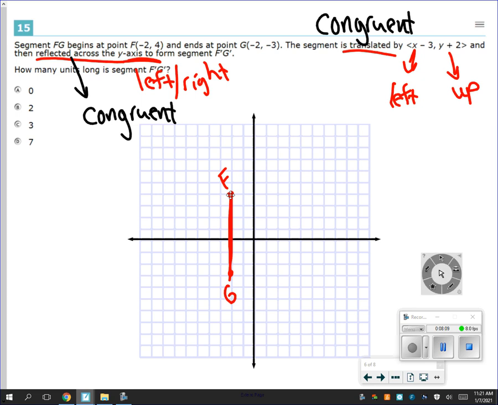So if I just count this thing, it's 7 units long. And no matter what I do to this thing, if I reflect and translate, it's going to stay 7 units long. So you can translate, you can reflect all you want, but the start shape and the end shape are going to be congruent. They may not be facing the same direction, they may not be anywhere close to each other, but they are congruent.